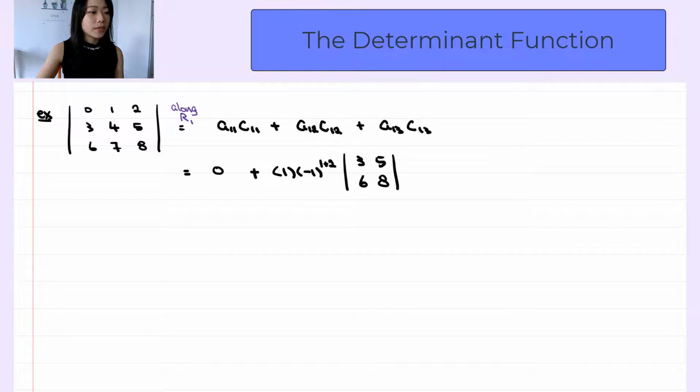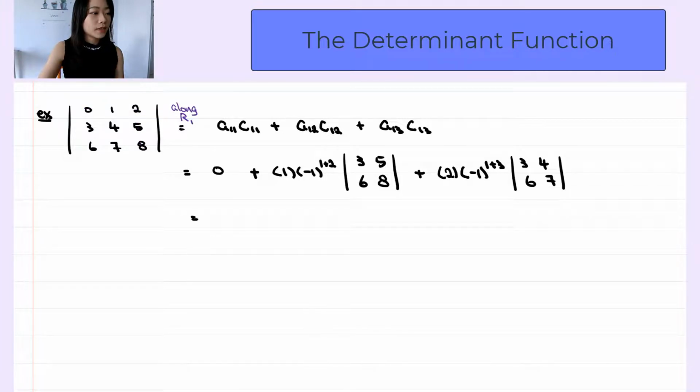And the last term plus A13, which is 2, and C13, the cofactor, is -1 to the power of 1 plus 3 times the determinant of the minor matrix by deleting the first row and the third column. So the four entries we have are 3, 4, 6, and 7.